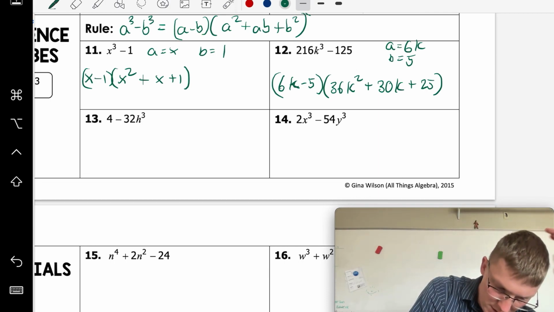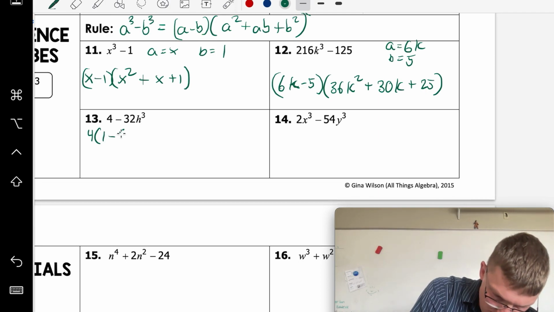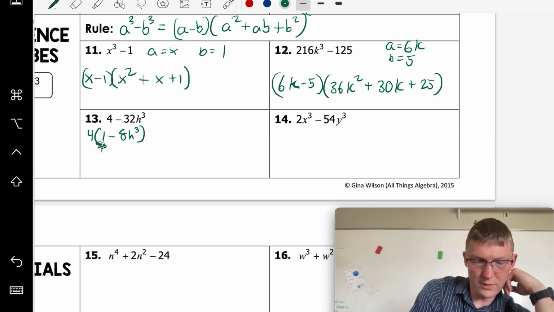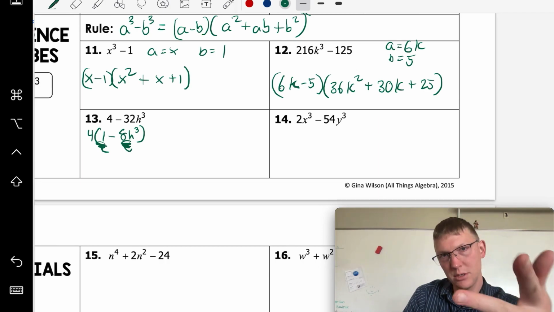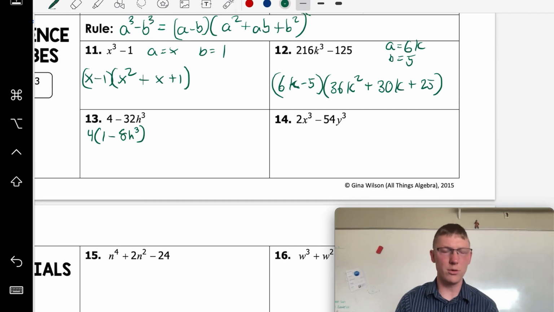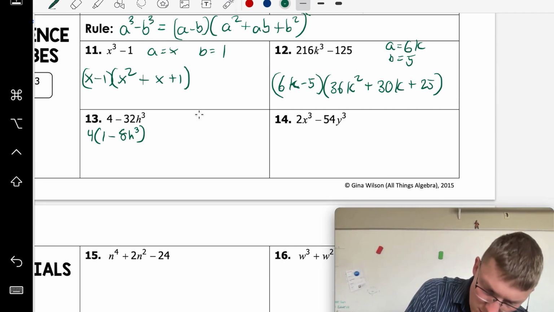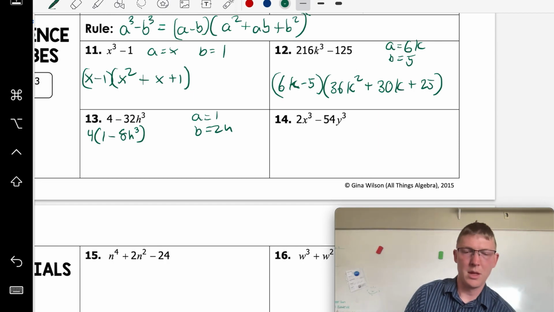So now we're dealing with a 4, 1 minus 8h cubed. 1 is a perfect cube. 8 is a perfect cube. 2 times 2 is 4 times 2 is 8. So our pattern holds, our rule holds, we can use it. So our a is going to be equal to 1. Our b is going to be equal to, not 8, 2h, and here we go.